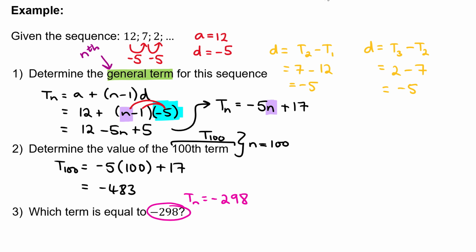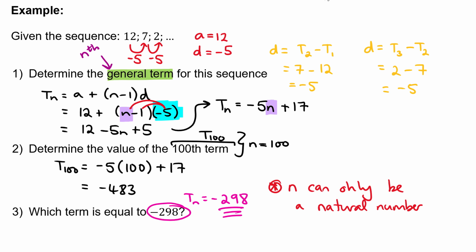Another hint is the fact that this is a negative number. You can make a note for yourself throughout this entire chapter that n can only be a natural number. It can never be a negative number. So from that, we sub it in for Tn.